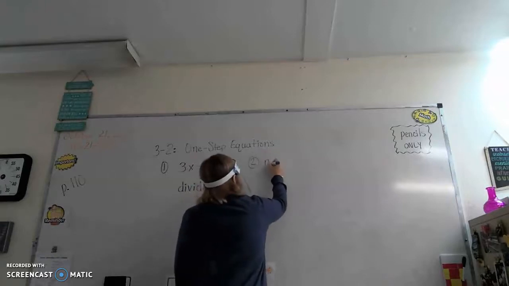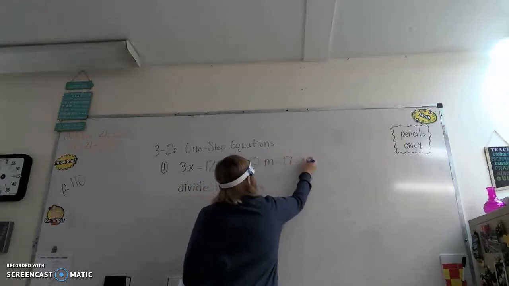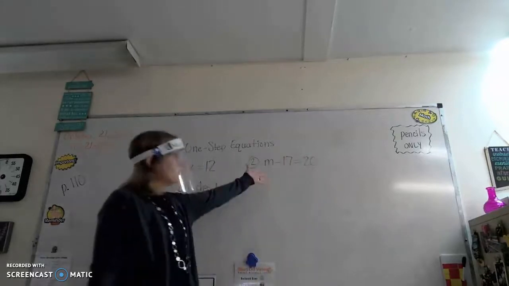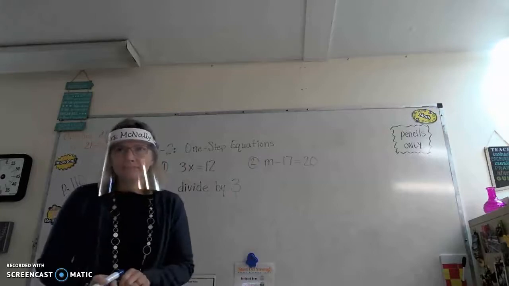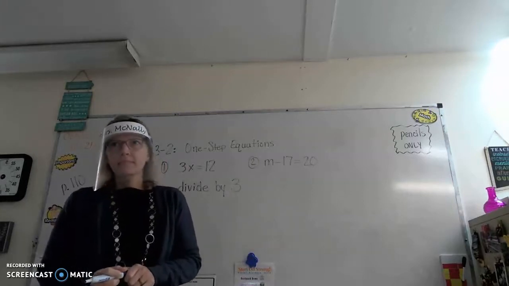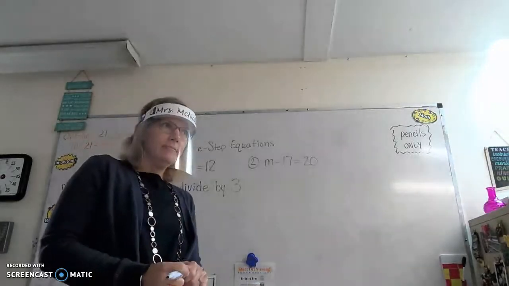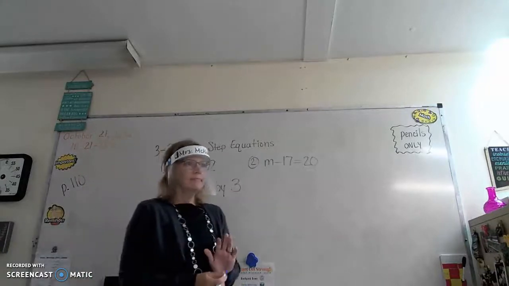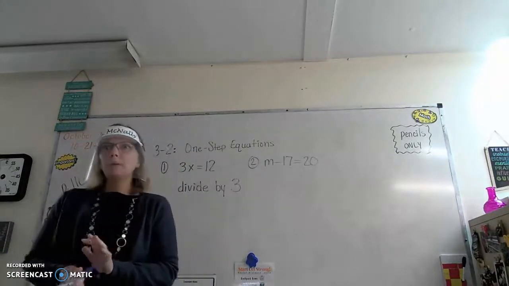Number 2 is m minus 17 equals 20. So what are we going to do to solve number 2? Anybody can jump in.